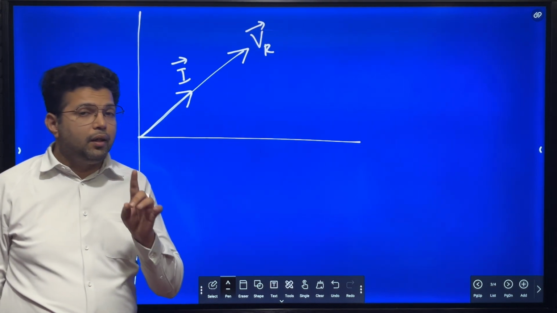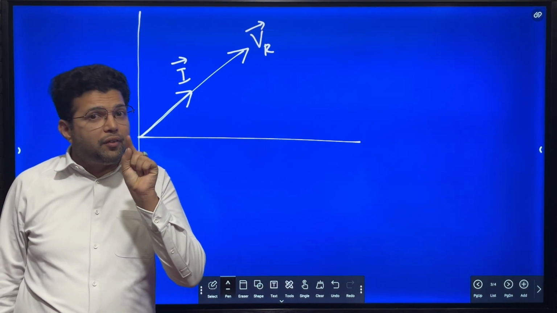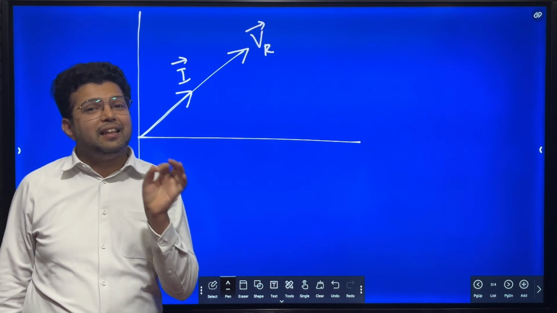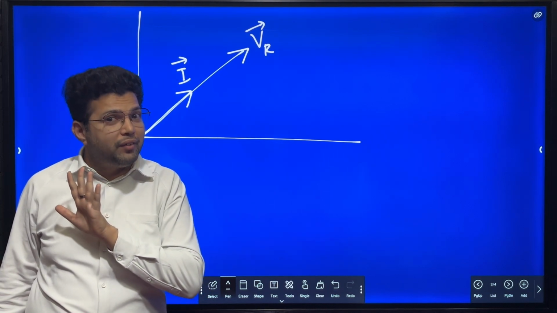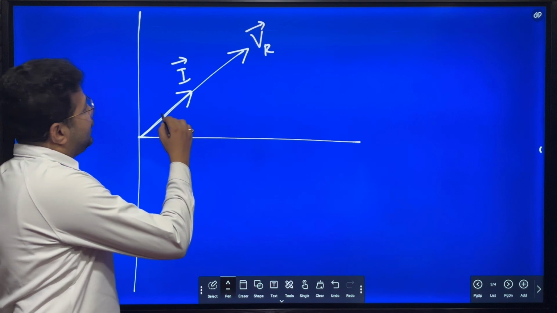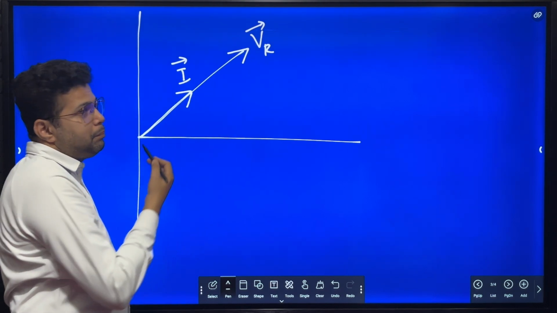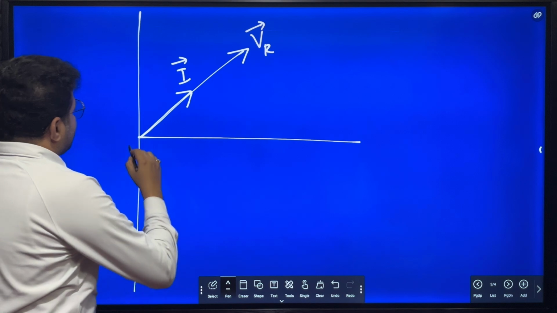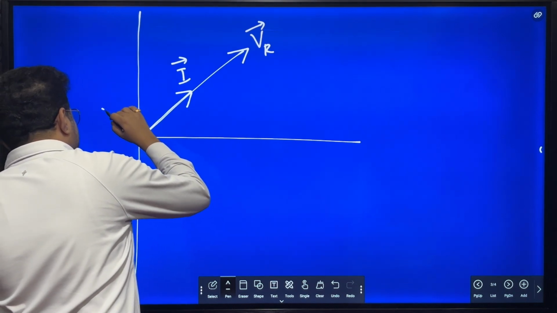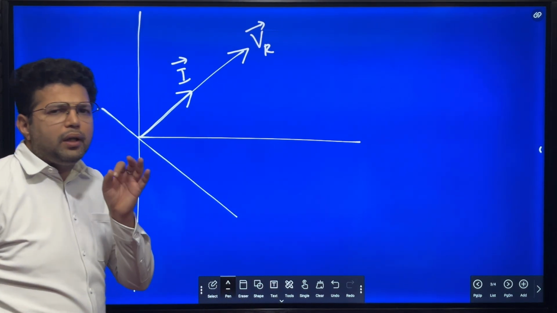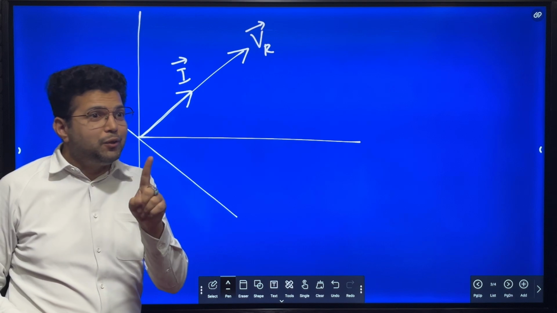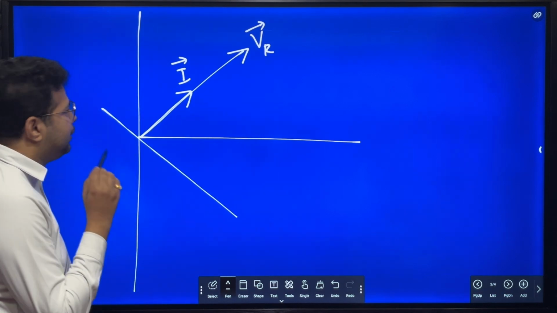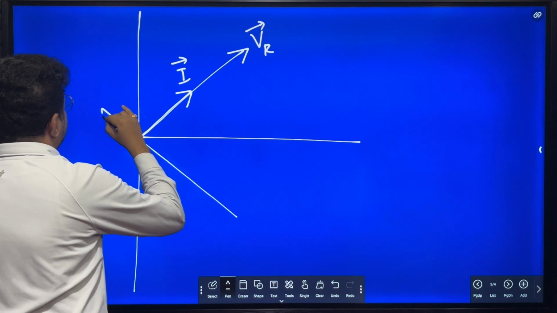We know that in the case of a resistive circuit, voltage across the resistor and the current are in phase. There is no phase difference, so they will be parallel to each other. Now we know that in the case of a pure inductor, voltage leads current by pi by 2.